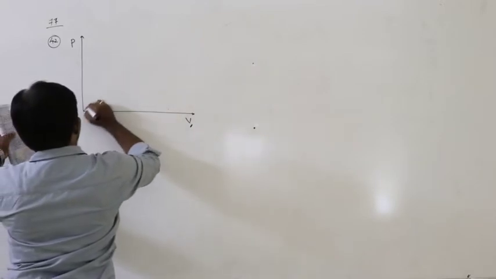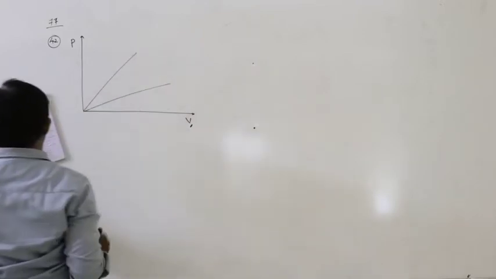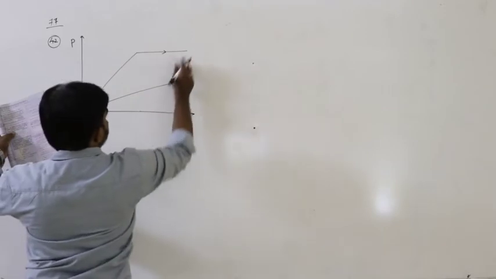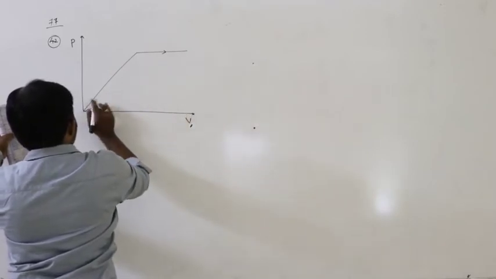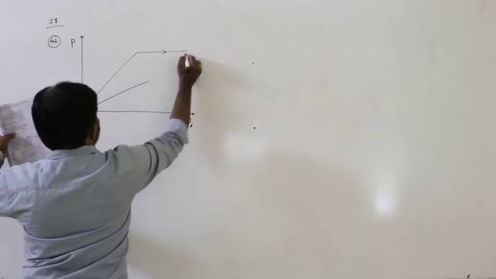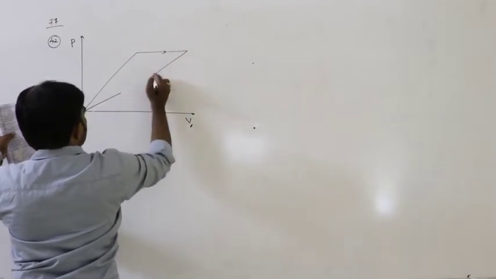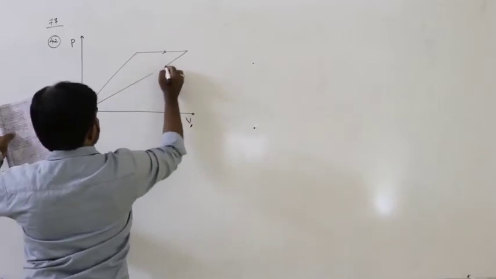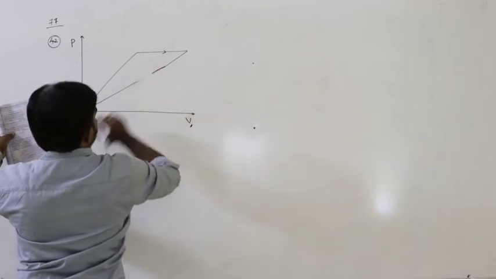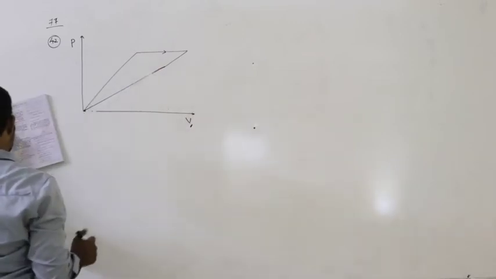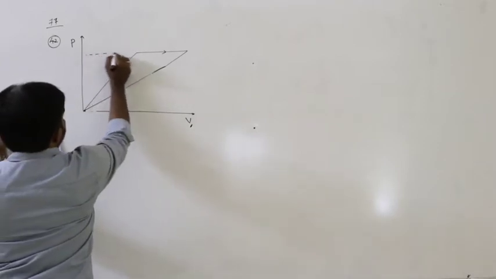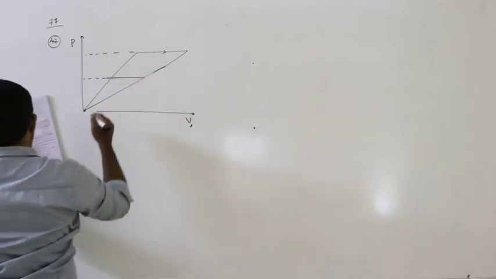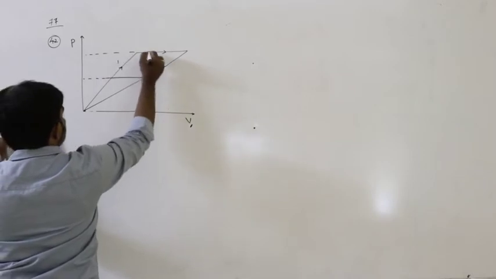The shape of the graph is like this, a cyclic process. So this is the first process 1.